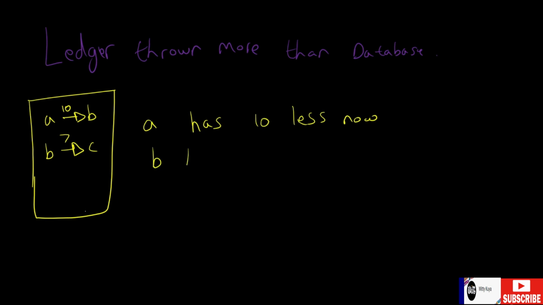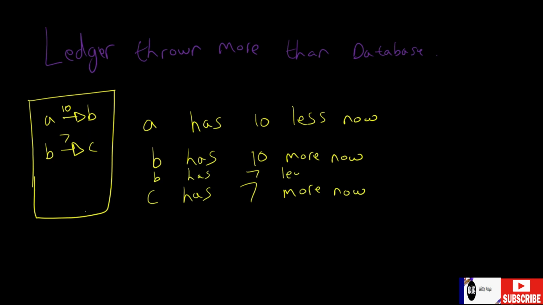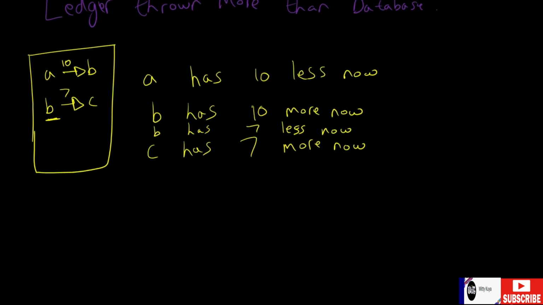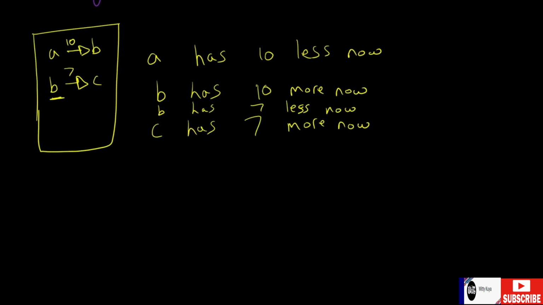Person B has 10 more now, and person C also has 7 more now. I've missed out a step, which is person B has 7 less, because they did transfer some money as well. So though they received it, they have transferred it as well. So that's essentially what a ledger or a database might look like.